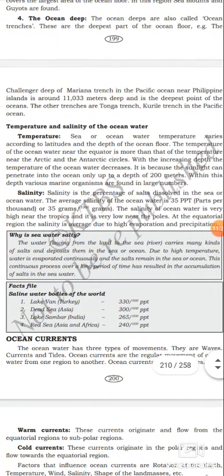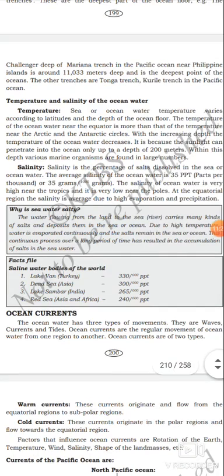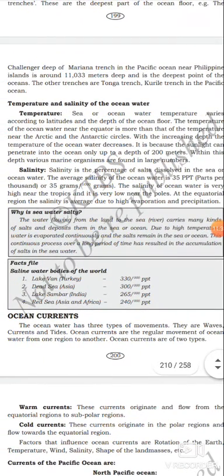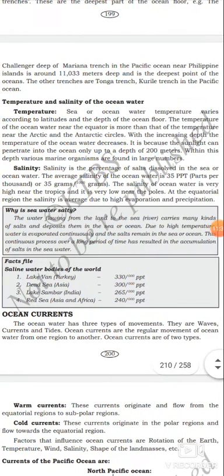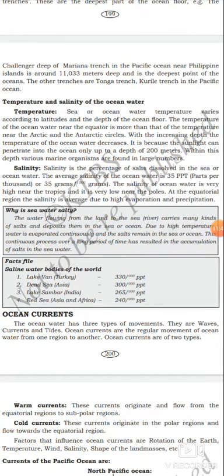Got it? Let us see now temperature and salinity of the ocean water. Temperature. See, our ocean water temperature varies according to the latitudes and the depth of the ocean floor. The temperature of the ocean water near the equator is more than that near the Arctic and the Antarctic circles.